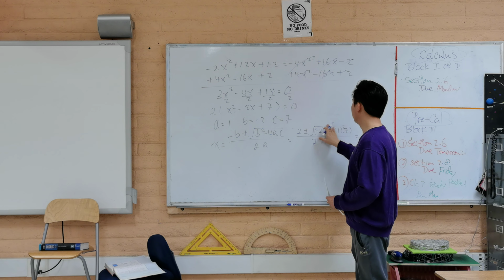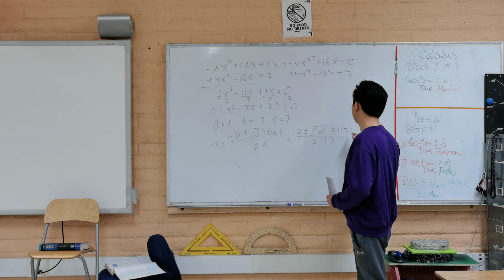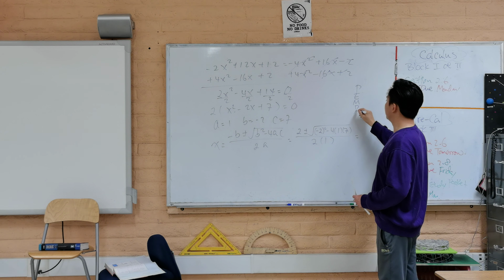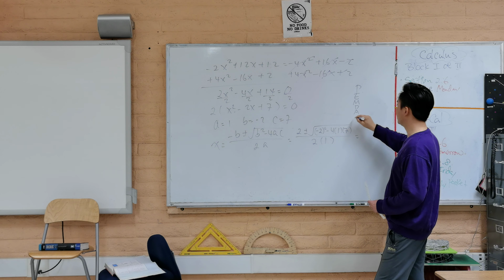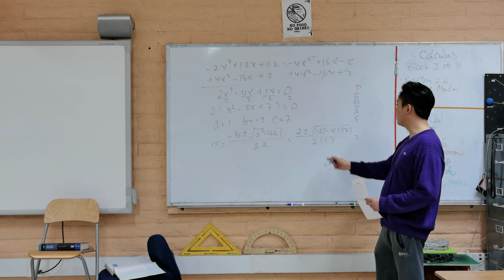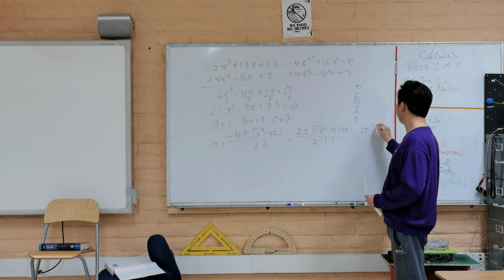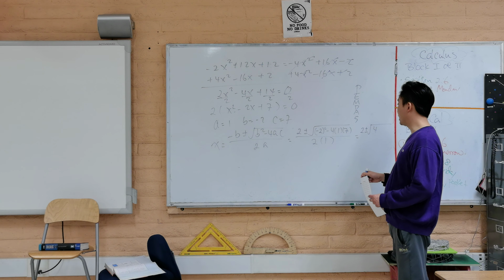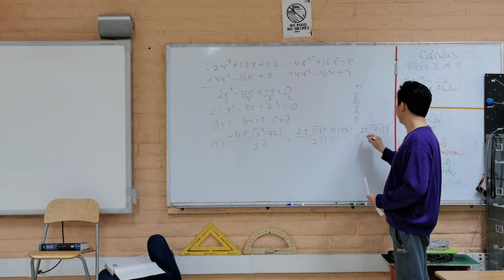And then the rest of this, you just want to evaluate by using the rule of PEMDAS: parentheses, exponent, multiplication, division, addition, and subtraction. So negative 2 quantity squared, so we do have 4. 4 times 1 times 7, so we got 28, so it's minus 28.